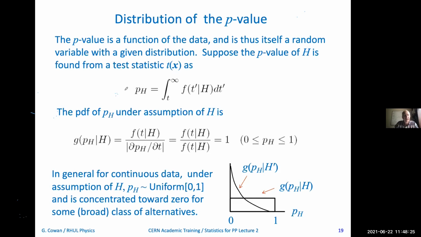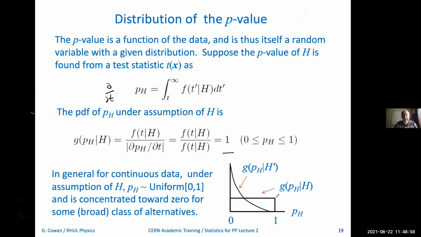And if you differentiate the equation above with respect to t, because I'm differentiating with respect to the limit of the integral, it just gives me back the integrand. So this gives me f of t over f of t, which is 1, going from 0 to 1. That's interesting. It tells me that the PDF of the p-value itself is just a uniform distribution between 0 and 1.